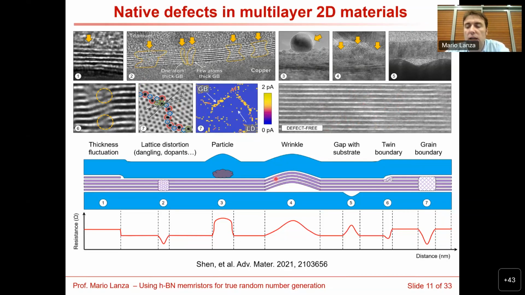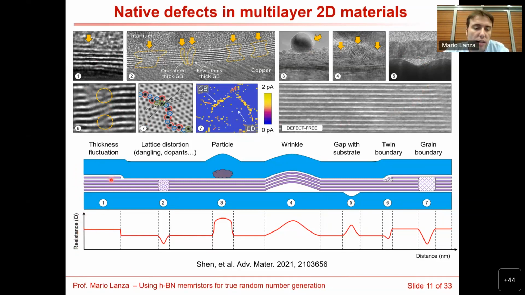Here in this schematic, I show you the effect of these defects on the out-of-plane resistance. Now let's consider we are using an insulating two-dimensional material that is multi-layer, such as multi-layer hexagonal boron nitride. If we deposit two electrodes and apply an electrical voltage, the resistance will change like this.